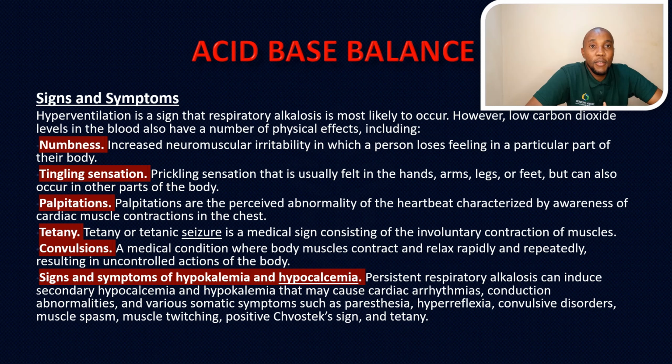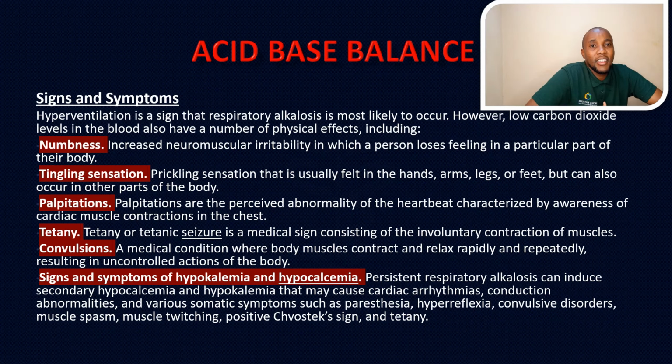They can also exhibit something we call palpitations, which are perceived abnormality of the heartbeat characterized by awareness of cardiac muscle contractions in the chest. They can also exhibit tetany. Tetany, or what we call tetanic seizure, is a medical sign consisting of the involuntary contraction of the muscles.